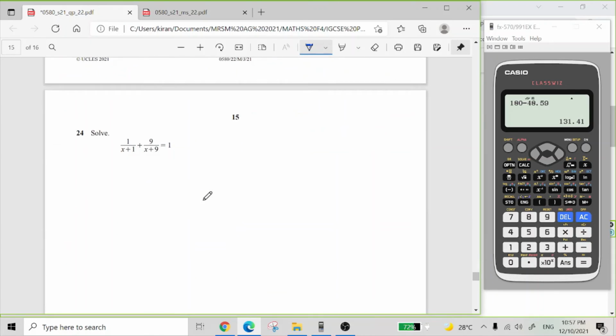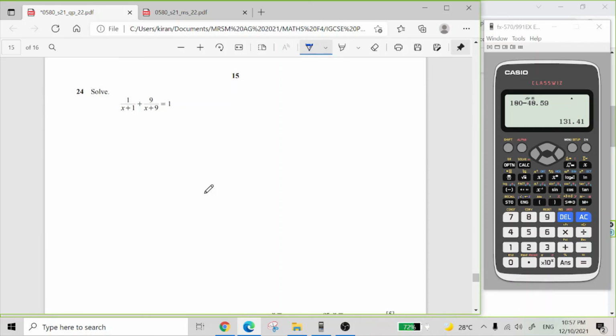Okay, we go to the last question. Solve 1 over x plus 1 plus 9 over x plus 9 equal to 1. From this question, you can see the mark is 5. Solve means that you have to find the value of x.